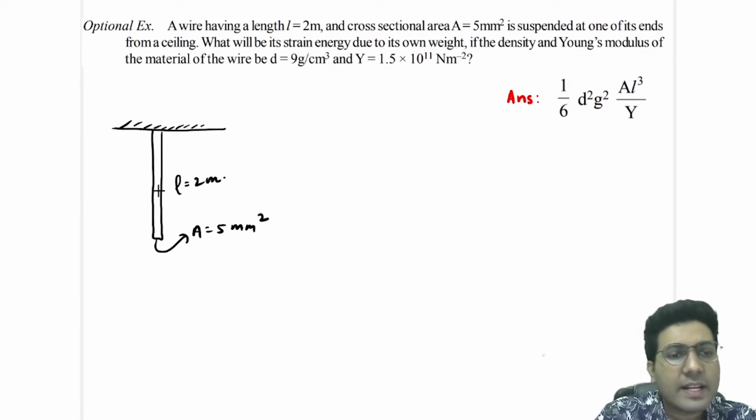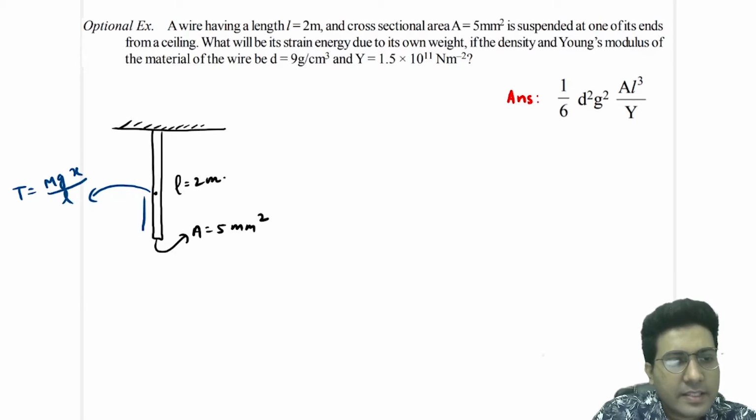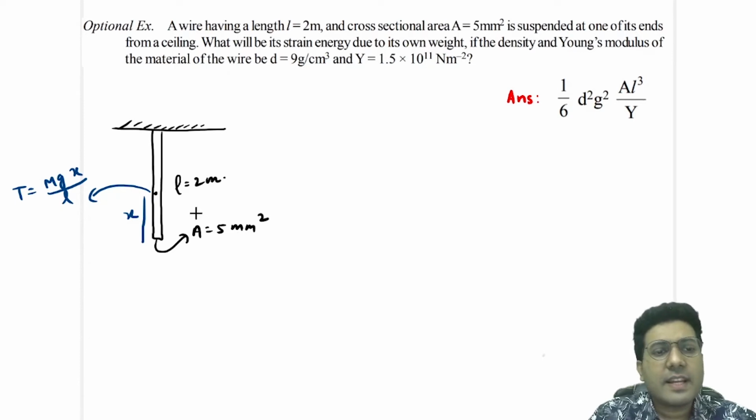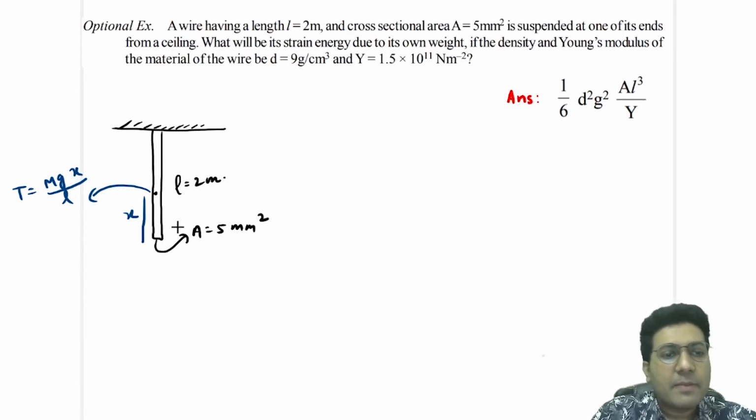Now you know that at any point, we have discussed this before also, the tension will be equal to mgx by L, where this distance is x, which is measured from the bottom. Once we get the value of the tension, because the tension is variable here, stress is variable.